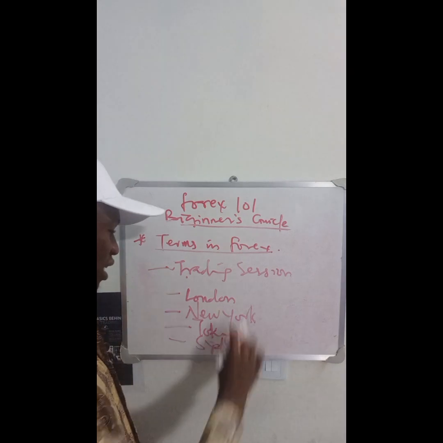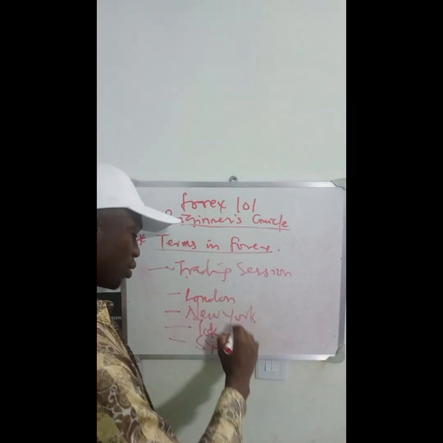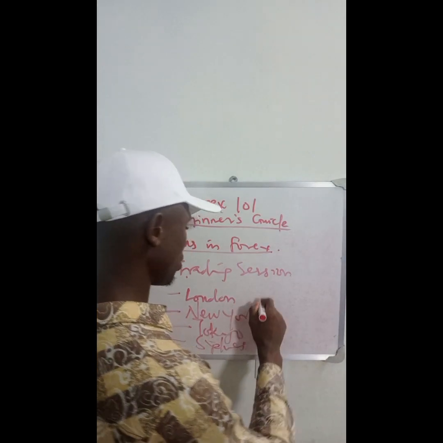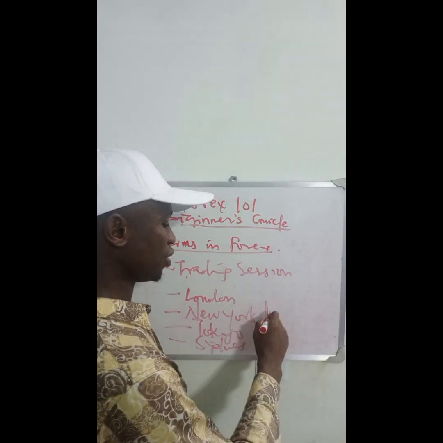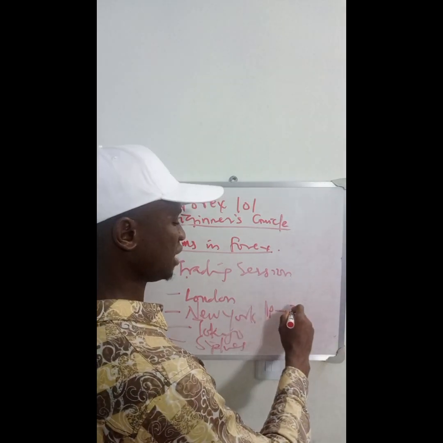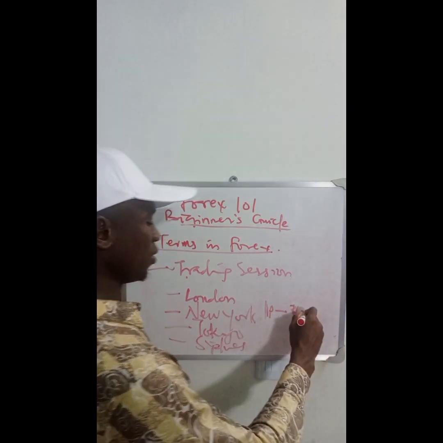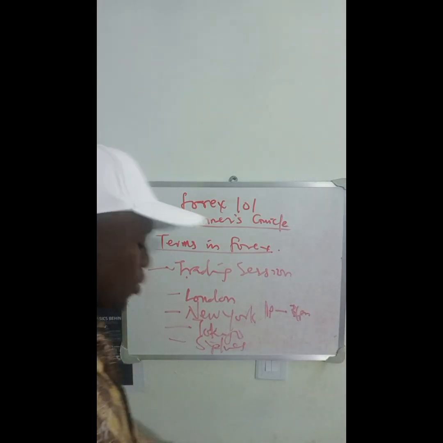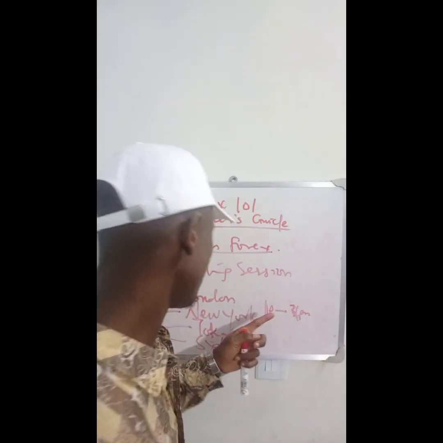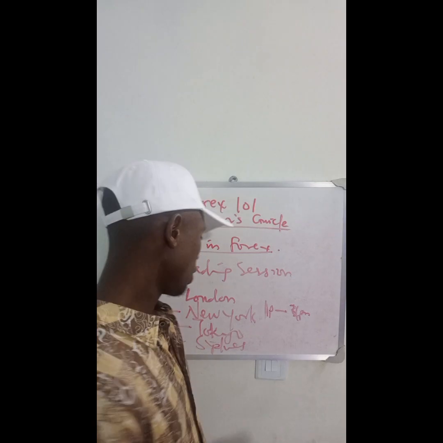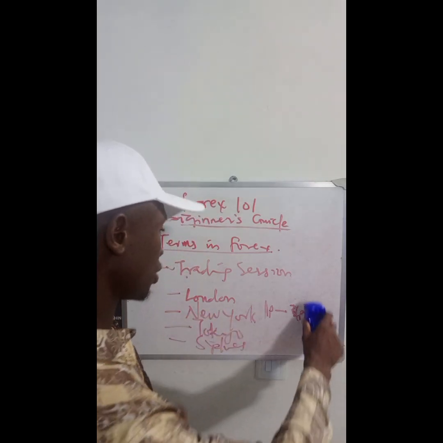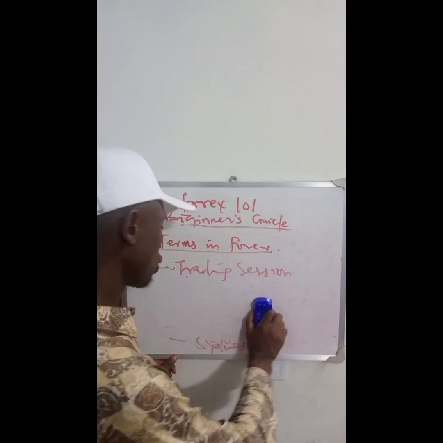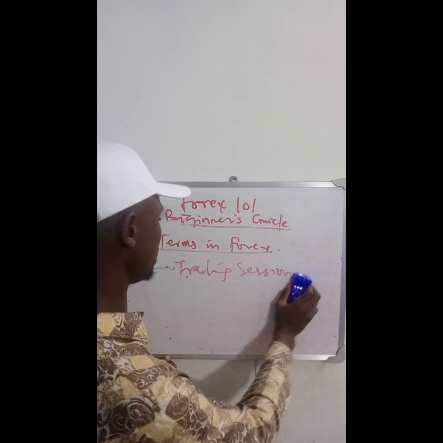There is a point at which the New York session collides with the London session. I think that would be around 1 p.m. Nigeria time to around 3 p.m. or 4 p.m. thereabout. But we don't trade in that time because it's too volatile and there is a lot of news. So we only trade the pre-London and London sessions for our strategy. So that's that about trading sessions.